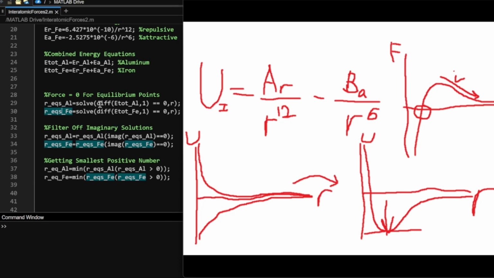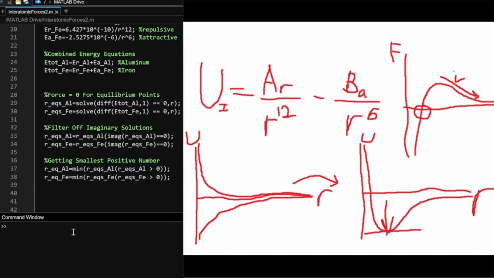And then we can differentiate our energy equation and solve that as it goes to 0 in terms of R. And then after that, we need to sort it to get rid of all of the imaginary numbers. And then we need to find the minimum for all positive numbers.